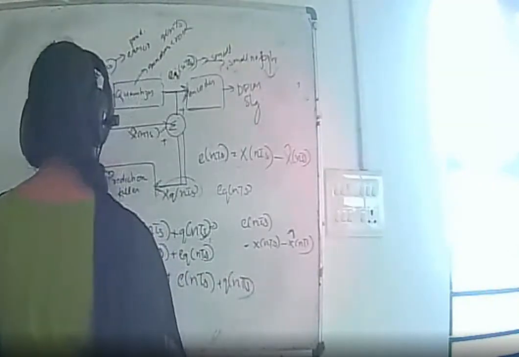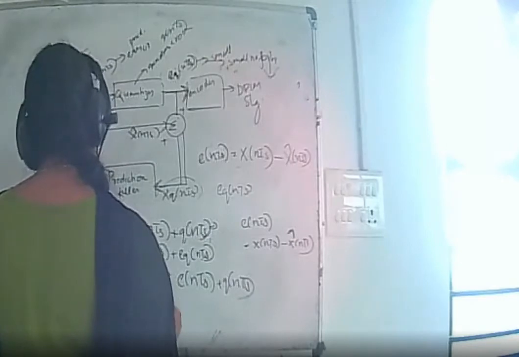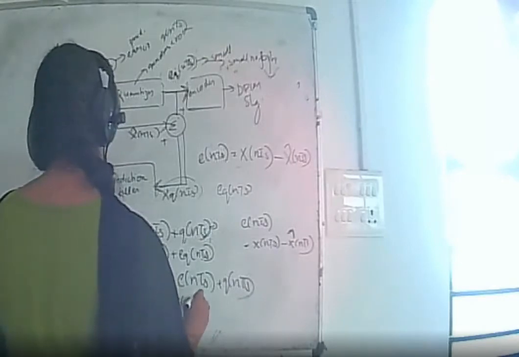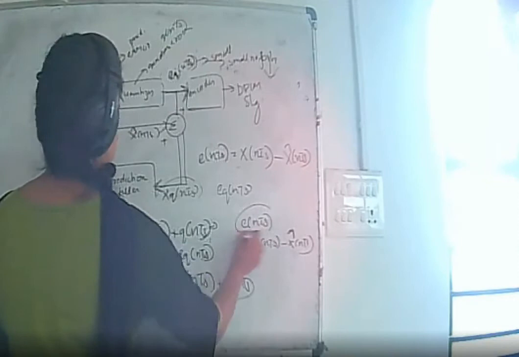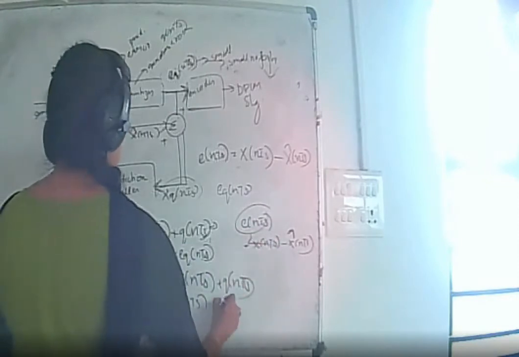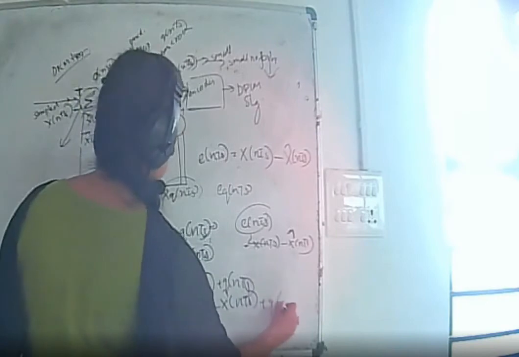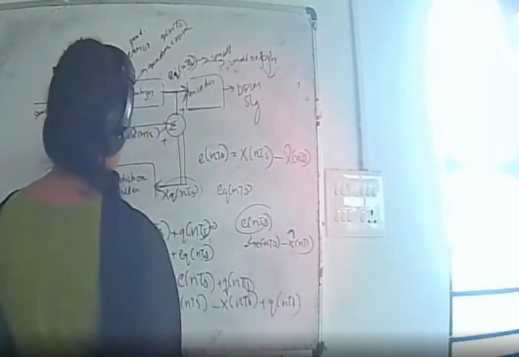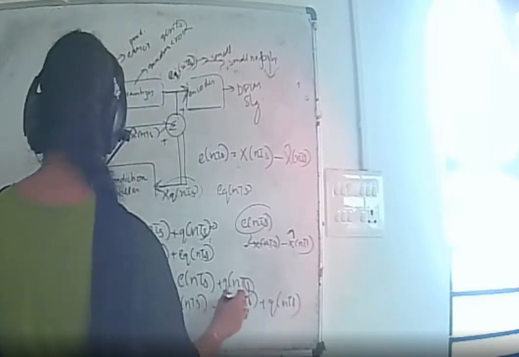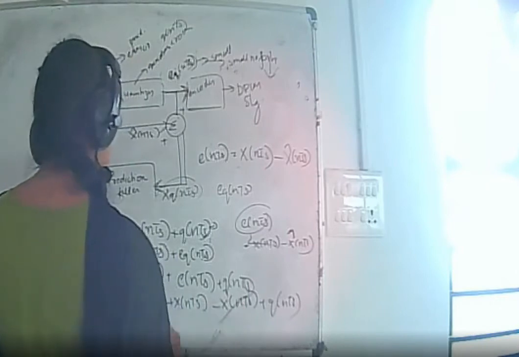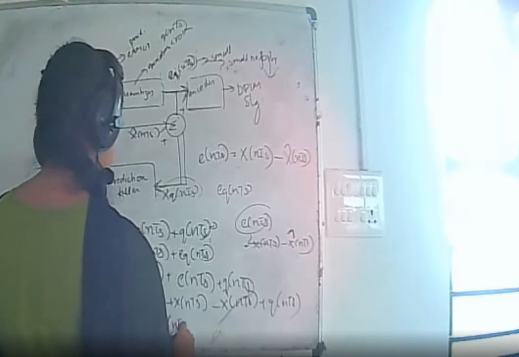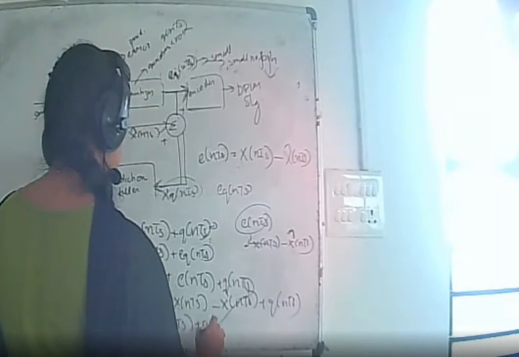This is nothing but X of nTs plus X cap of nTs minus X cap, so this and this get cancelled. It's nothing but X of nTs plus Q of nTs.